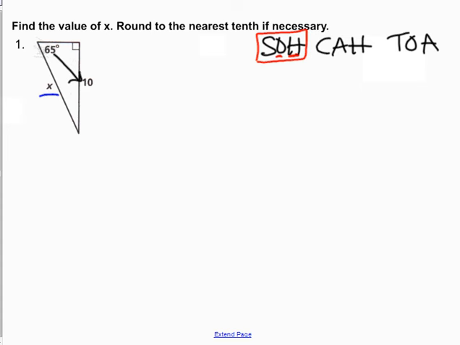So now I'm going to use my trig ratios of sine to figure out the side. So I'm going to write the sine of 65, because remember it's always the angle, equals the opposite side, 10 over x. And you're looking at this and you go, yeah, okay, how do I figure that out? Well, that's why you have that really fancy button on your calculator, that sine button. So first I have to do some cross multiplication.